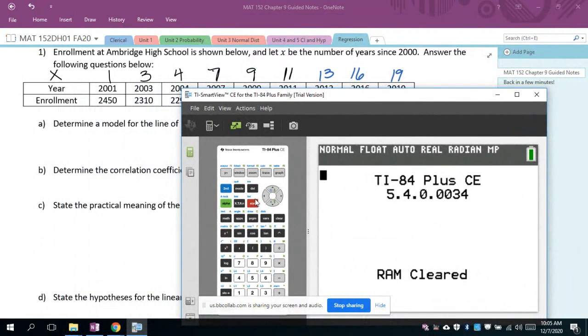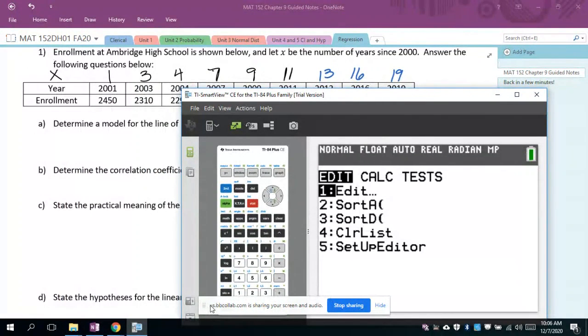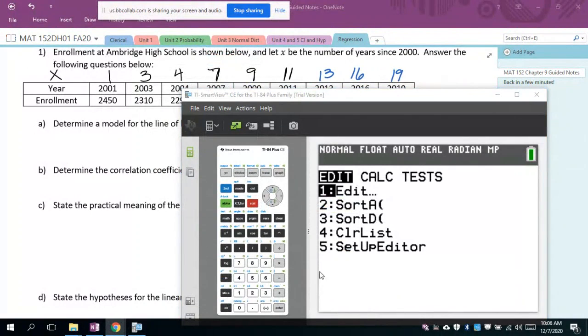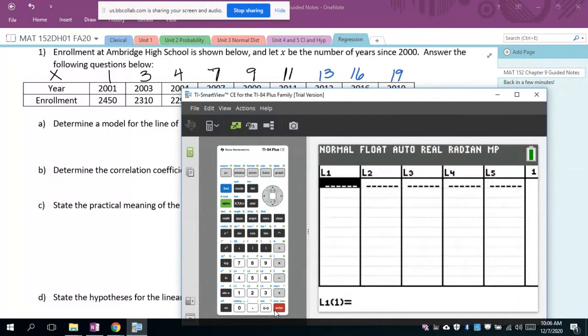So what I'm actually going to be doing here is under Stat, edit, in L1, I'm going to put X. So 1, 3, 4, 7, 9, 11, 13, 16, and 19.